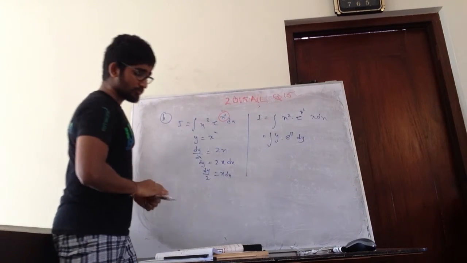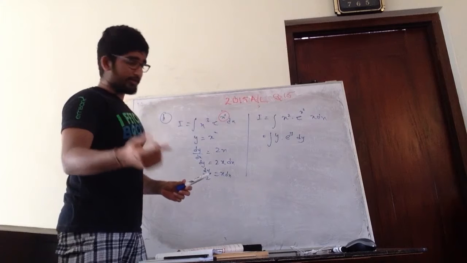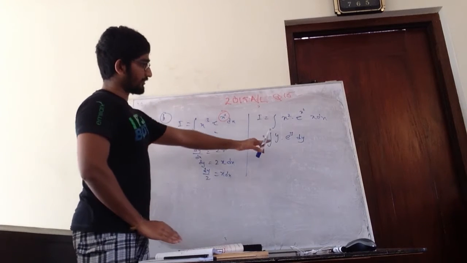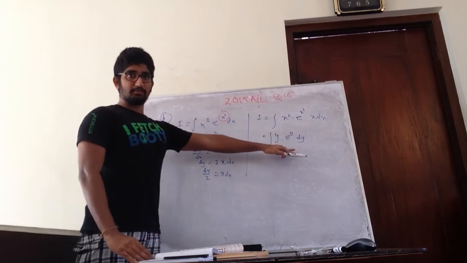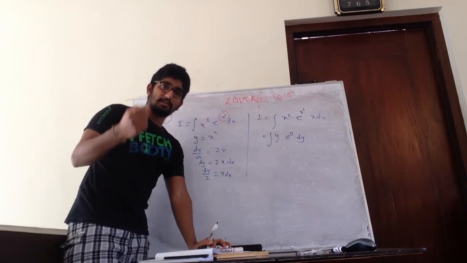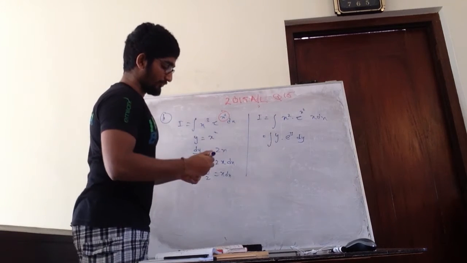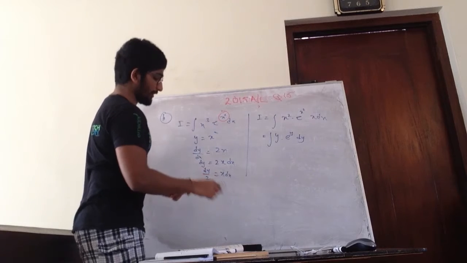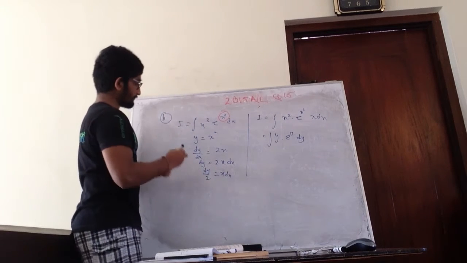So this is what we can do up to the substitution. But then we get the answer from integration by parts. So if I remind you of the integration by parts again, what is that?